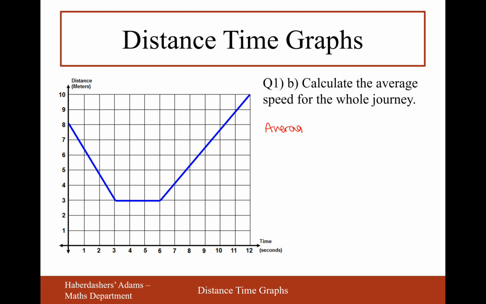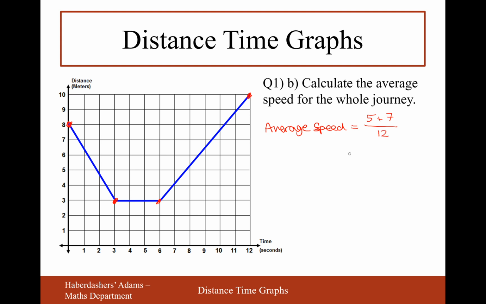So the average speed is the total distance we've travelled. Now we've travelled from 8 down to 3, and then from 3 up to 10, so that's gone from 5 meters and then an extra 7 meters, divided by the total time that we took, which was 12 seconds.